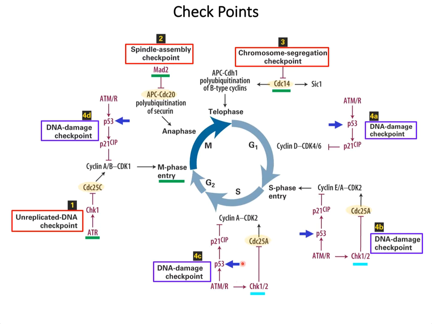Likewise, over here, the ATM can activate CHEK2, which inhibits CDC25A, which again would activate this cyclin. And so two of these DNA damage checkpoints have an added level of security to them. And that makes sense, for example, because this is just when the cell is entering the S phase and when the DNA is actually being replicated. You don't want to replicate your DNA if you have damaged DNA.